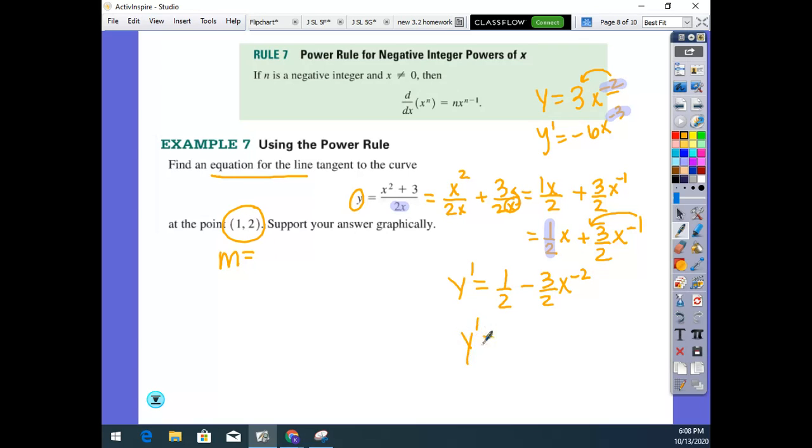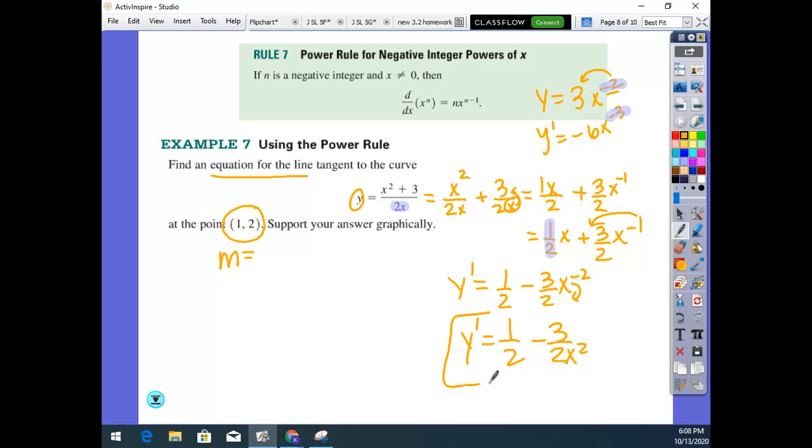And then I'm going to rewrite, moving my x back to the denominator because it's easier to evaluate with a positive exponent. I manipulated algebraically up here so it's easier to take the derivative, but as soon as I'm done with the derivative, I'm going to move it back to the denominator so all my exponents are positive.